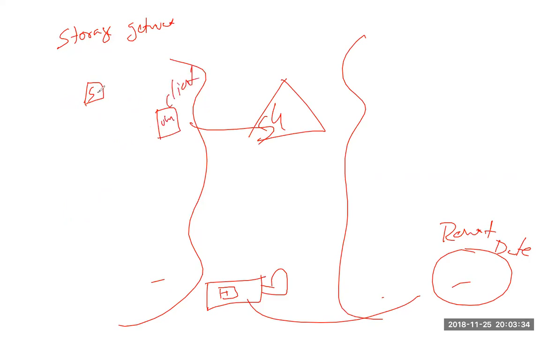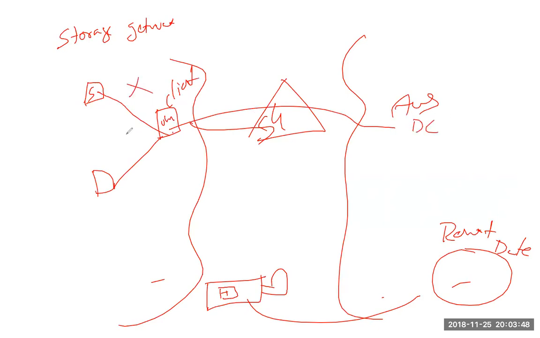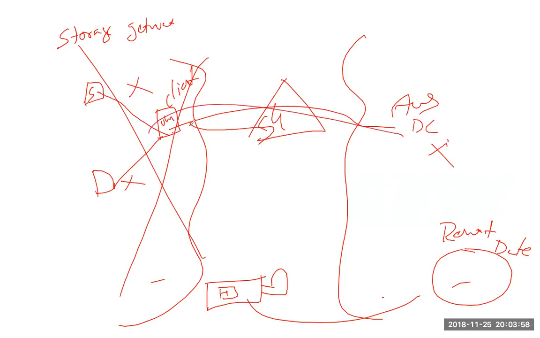Now whatever data you're going to back up also comes to the virtual machine, and the second copy goes here. This virtual machine makes sure that this data is also copied to the AWS data center. So you have one backup copy on your site, and the second on the Amazon data center. Even if your first data center fails, you can recover the data from the Amazon data center whenever you want.